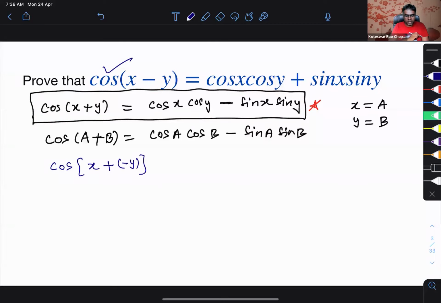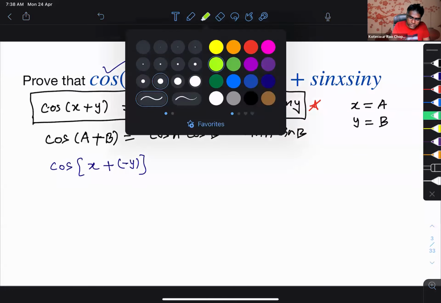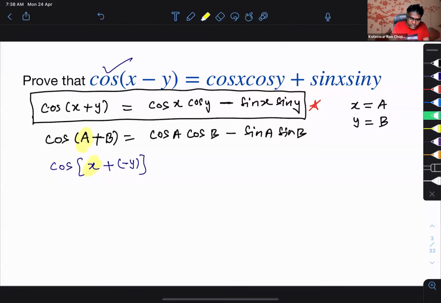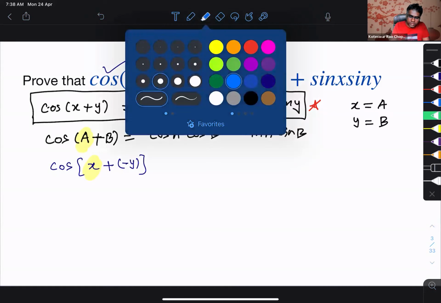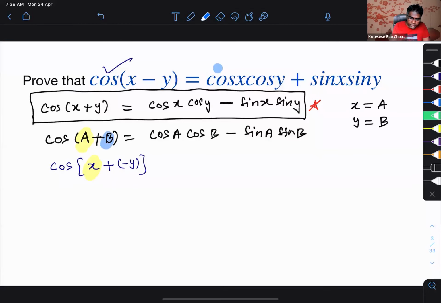Okay, so I'm just writing it this way. So if I do that, you can see that your A is your x, and your B is your minus y. Can I say that? Your A is x, and then B is minus y.